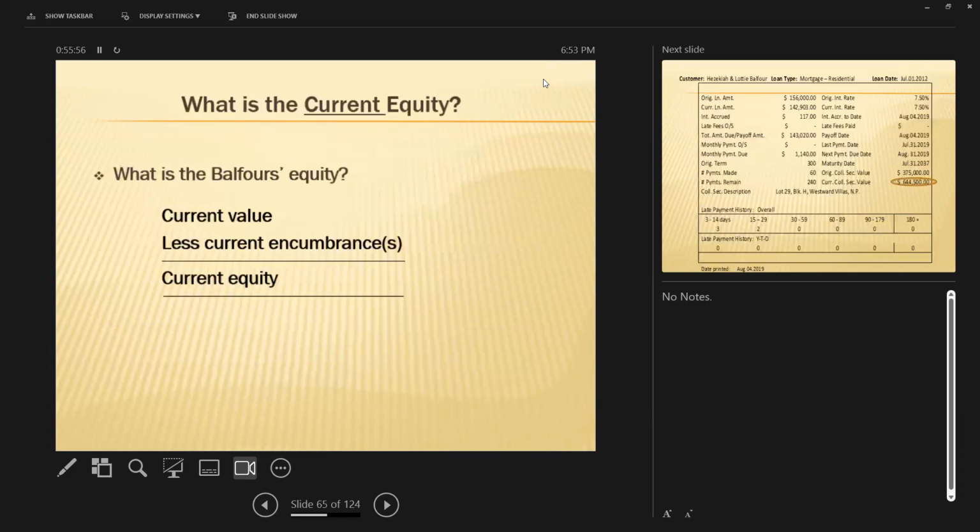Here's our equation: the current value less any current encumbrances gives us the current equity. In this instance, the only encumbrance that we're aware of is the mortgage. So the current value is, where do we get the current value from?